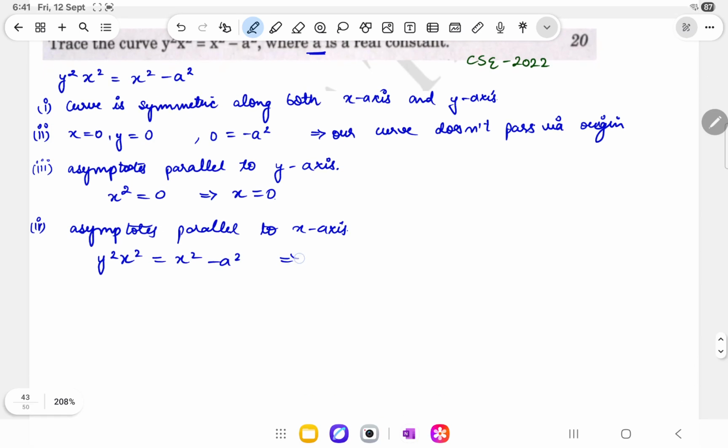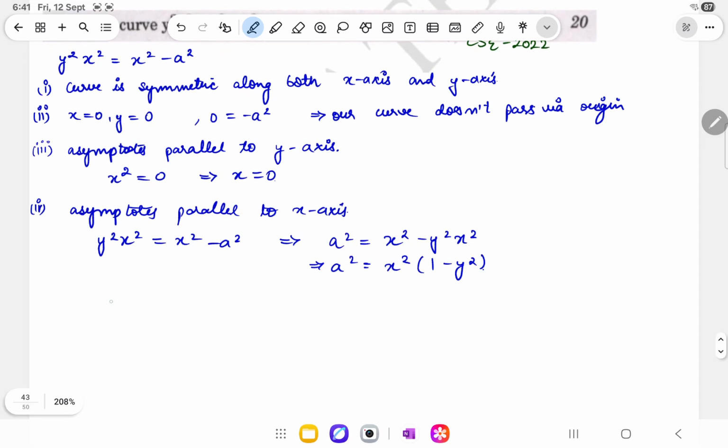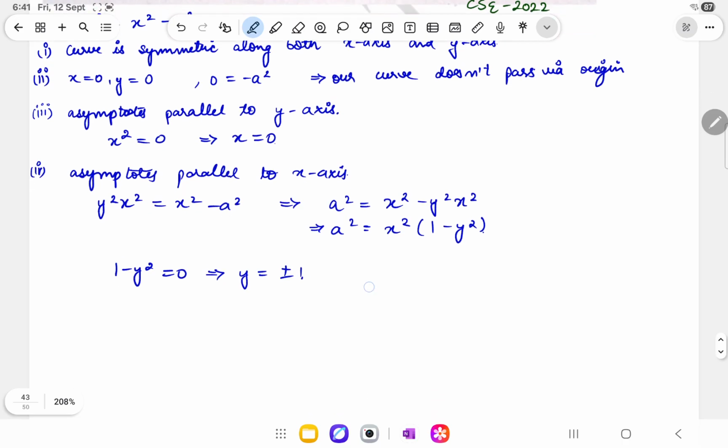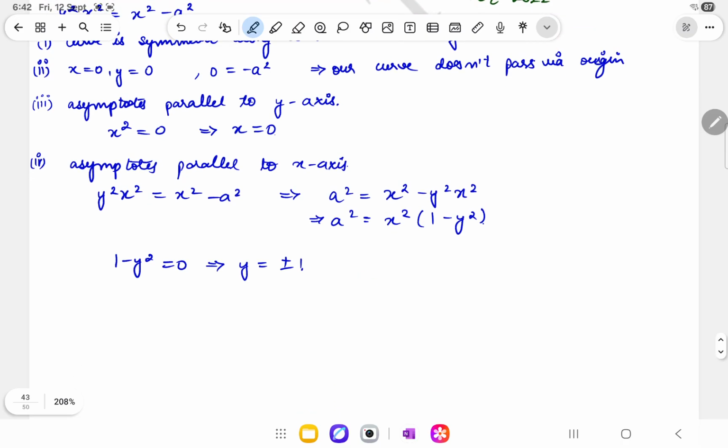So I can write it as a square equals x square minus y square x square. That gives a square equals x square times (1 minus y square). So my coefficient of x square is 1 minus y square. If I equate it to 0, I get y equals plus minus 1. So asymptotes parallel to the x-axis are y equals plus and minus 1.